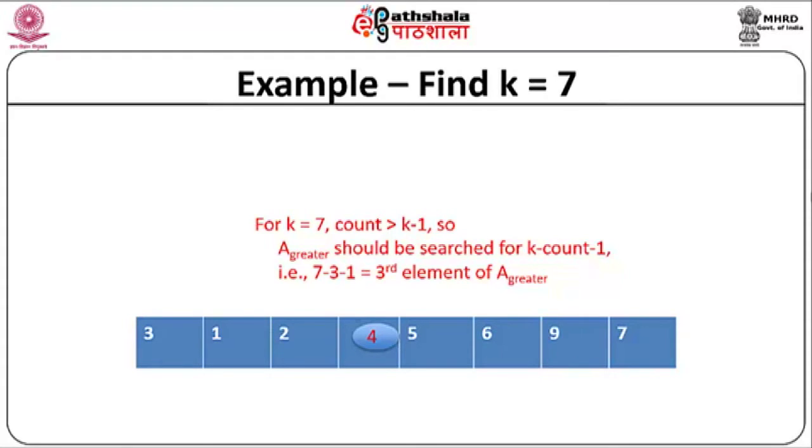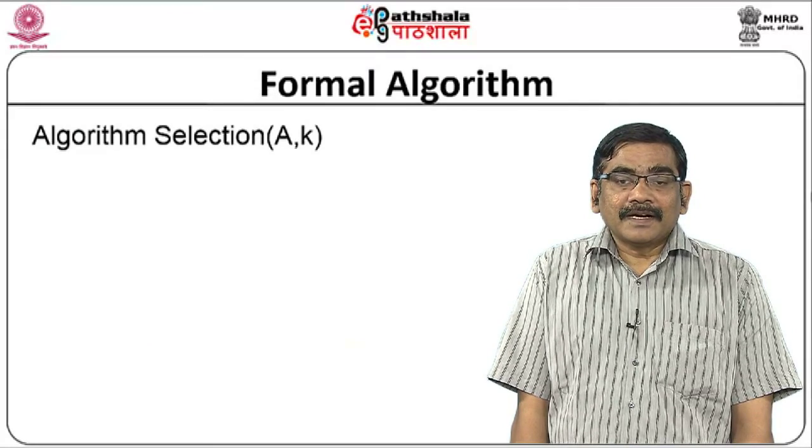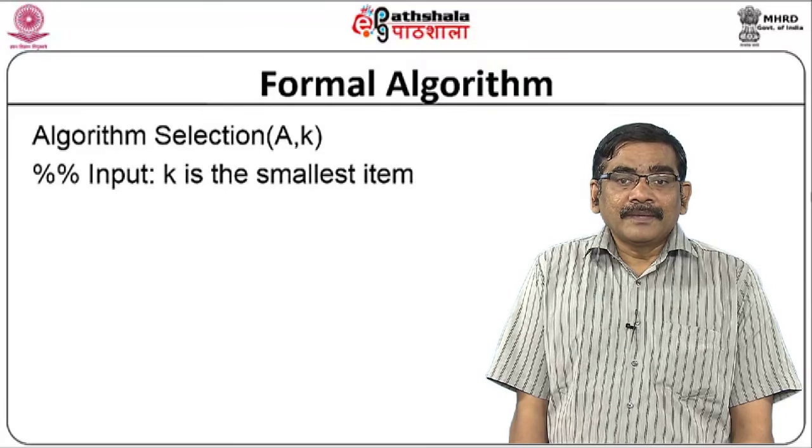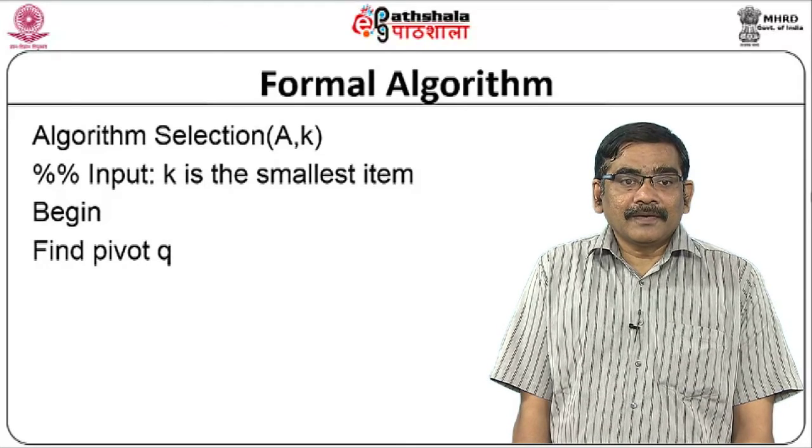A greater elements are 5, 6, 9, 7. You can see that the third smallest element is going to be 7. So, again we apply the recursive procedure to the above list and the process is repeated. By repeated recursing we can find the solution of the given smallest element problem.